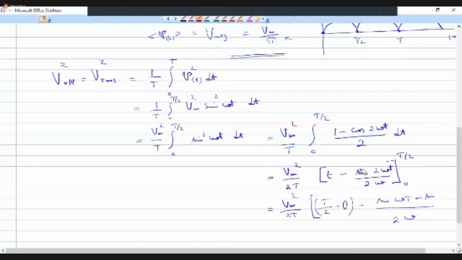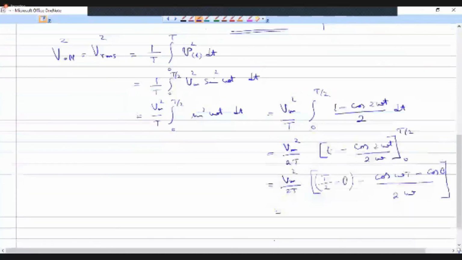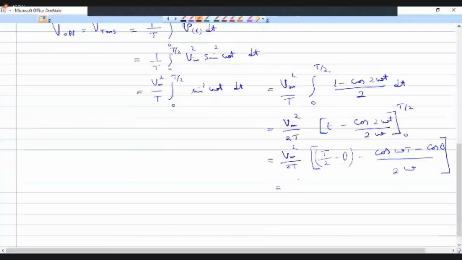Are you following this? Are you following this integration? So mathematics only. So what is cos 0? It will be equal to 1.